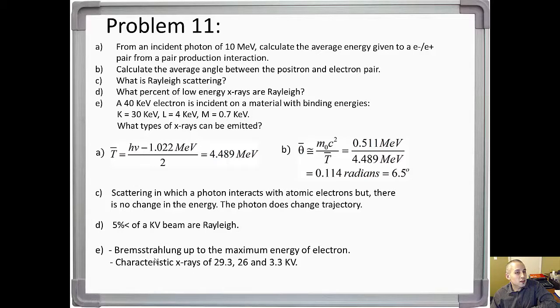You can also get characteristic X-rays from the different shell binding energies, the orbital electrons. The possibilities are 29.3 from 30 keV and 0.7, 26 from 30 and 4, and 3.3 from 4 and 0.7. So watch out for these kinds of questions.